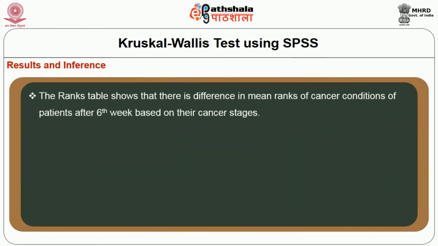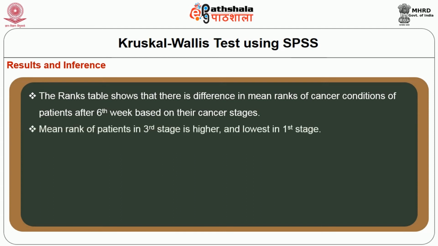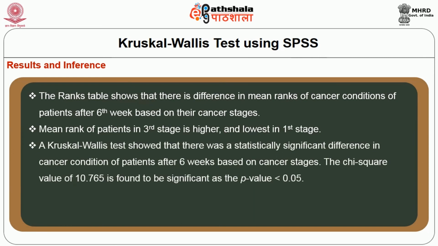The rank table shows that there is a difference in mean ranks of cancer condition of patients after 6th week based on their cancer stages. Mean rank of patients in 3rd stage is highest and lowest in 1st stage. A Kruskal-Wallis test showed that there was a statistically significant difference in cancer condition of patients after 6 weeks based on cancer stages.